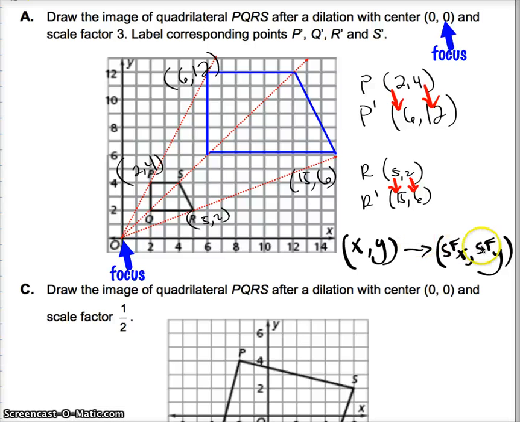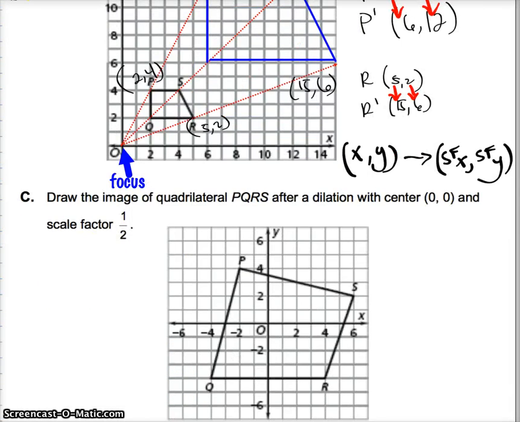I'm also going to multiply my scale factor times my y value, and this is my rule here. All of your rules should be written down somewhere for each one of these items. Okay. So that takes care of most of our items. All we have are our questions and our summaries.